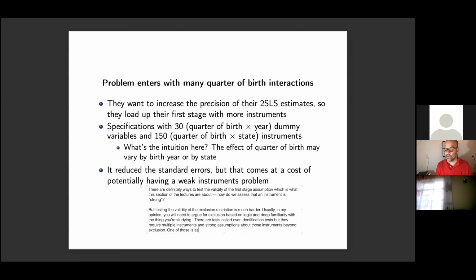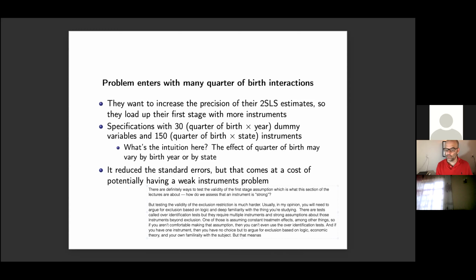One of those is assuming constant treatment effects, among other things. So if you aren't comfortable making that assumption, then you can't even use the over-identification test. And if you have one instrument, then you have no choice but to argue for exclusion based on logic, economic theory, and your own familiarity with the subject.